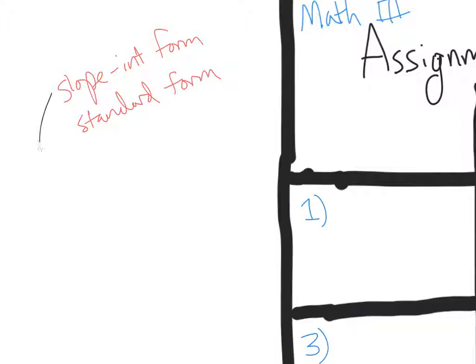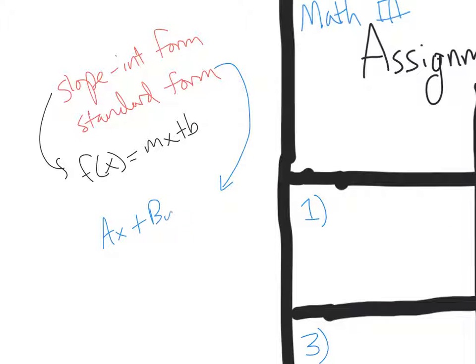Remember that slope-intercept is just f of x is equal to mx plus b, and standard form is simply ax plus by is equal to c.